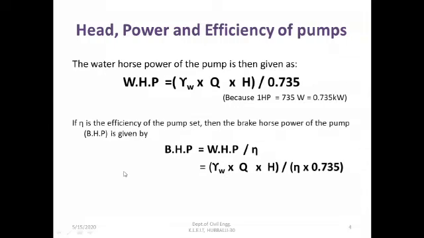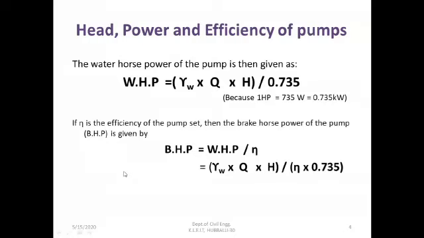Coming to the horsepower of the pump, we have two powers here, that is water horsepower and brake horsepower. Water horsepower is equal to rho W into Q into H divided by 0.735, because 1 horsepower is equal to 735 watts, which is equal to 0.735 kilowatt.